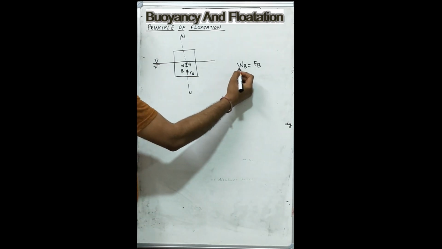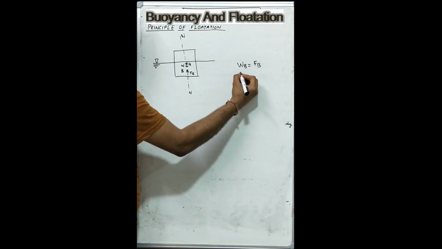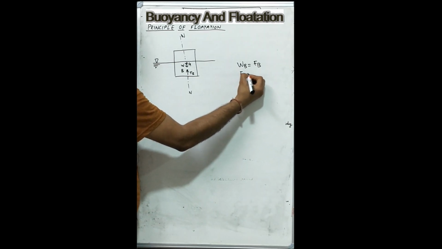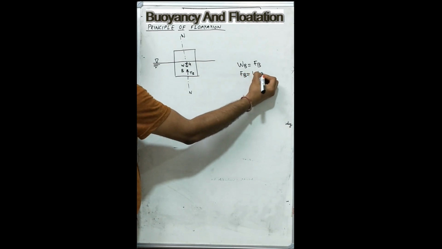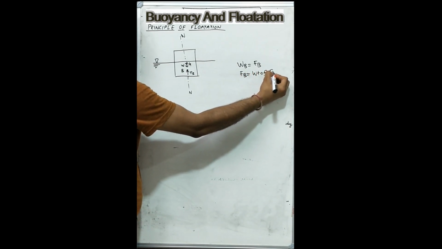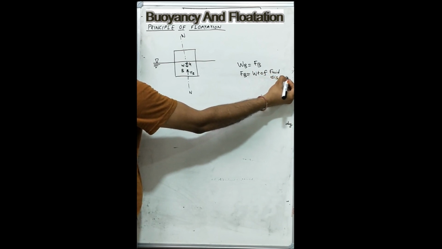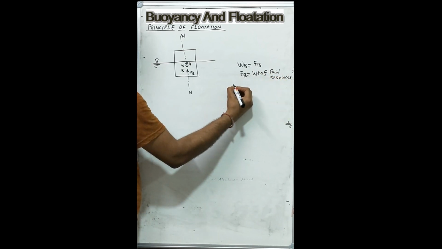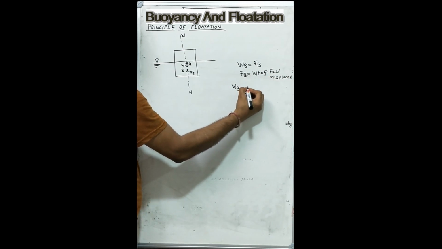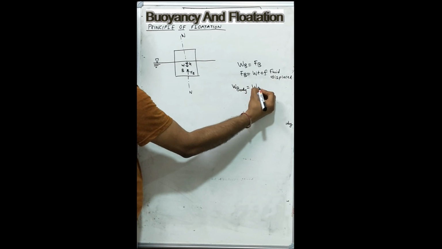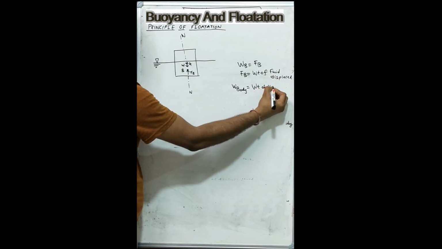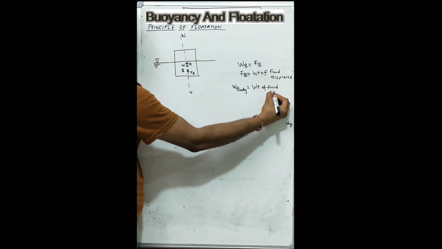So weight of body is equal to the buoyancy force, and we also know that buoyancy force is the weight of fluid displaced. So weight of body is equal to weight of fluid displaced.